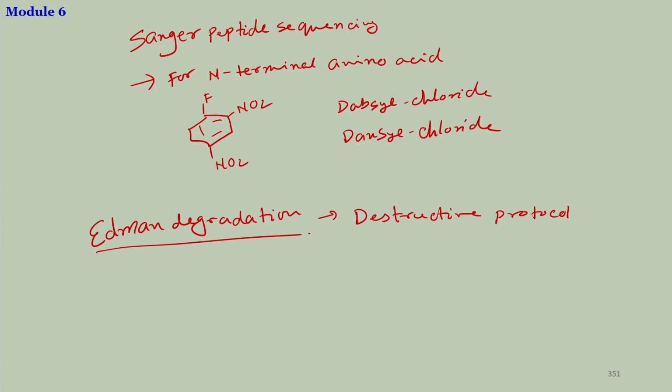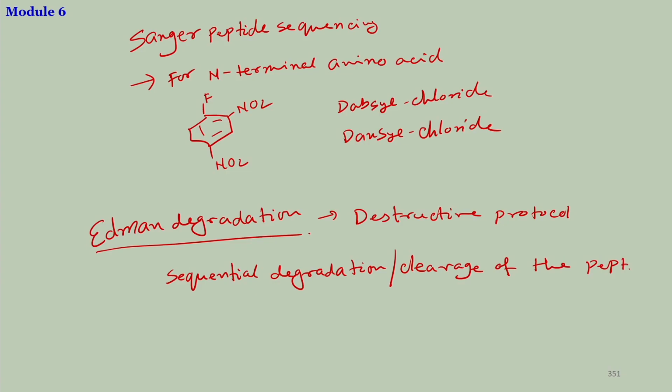The idea of Edman's degradation method is to cleave the peptide bonds in a sequential manner, one after the other. So, sequential degradation, or cleavage, of the peptide bonds that are present in your protein sample.